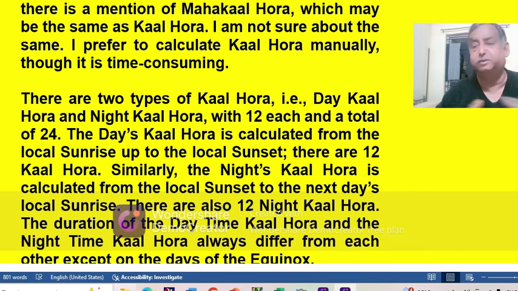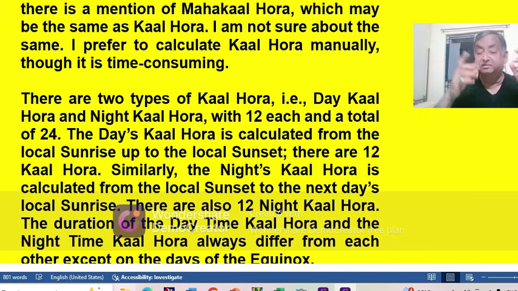Total comes to 24. The day's Kaal Hora is calculated, please listen to me minutely, from the local sunrise, the place of your birth, up to the local sunset. There are 12 Kaal Hora.